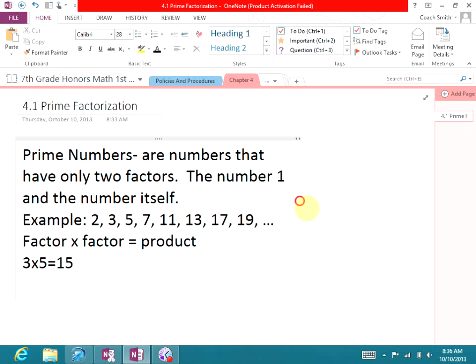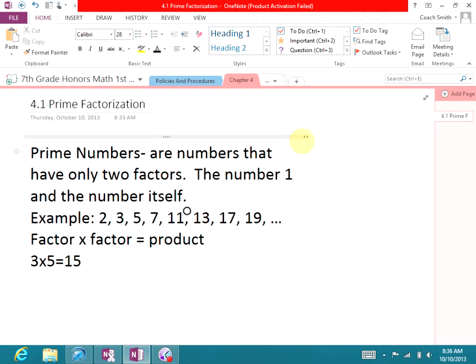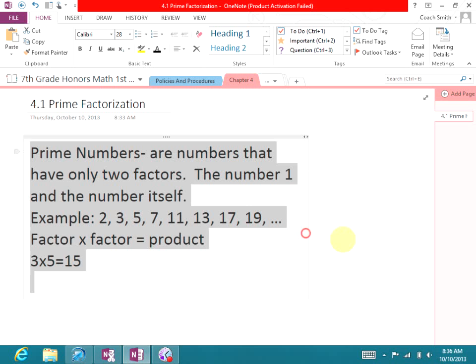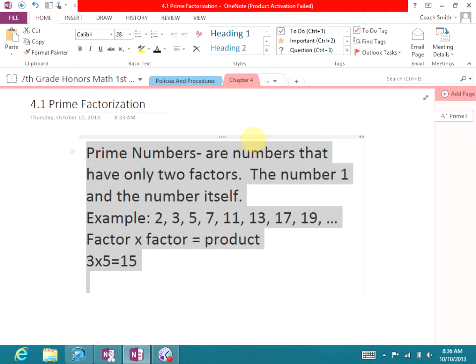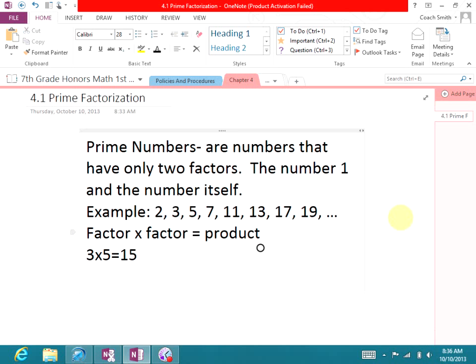That's what we mean when we talk about having a factor. Okay, so that's what prime numbers are.